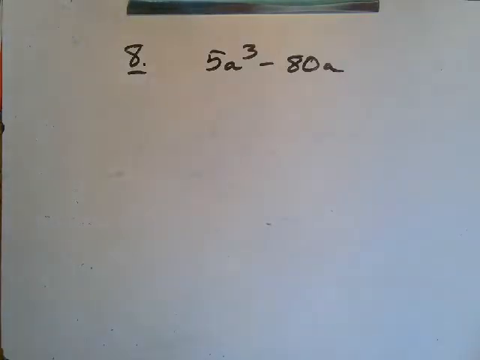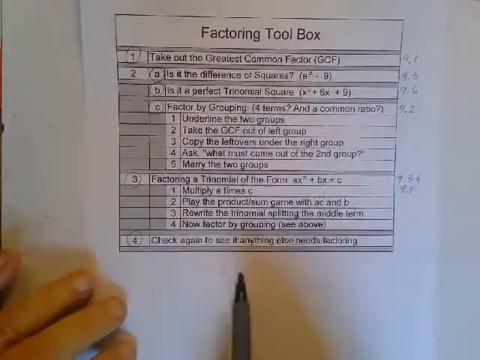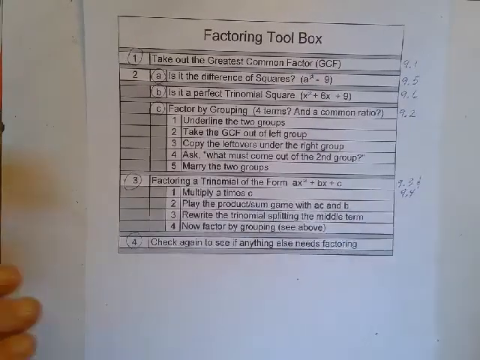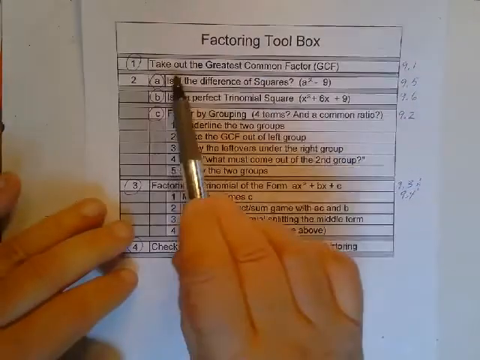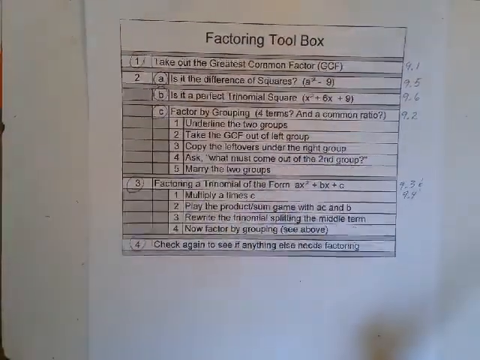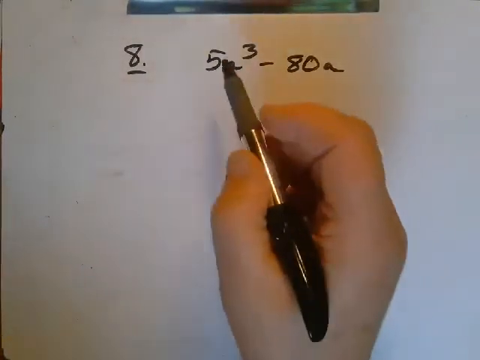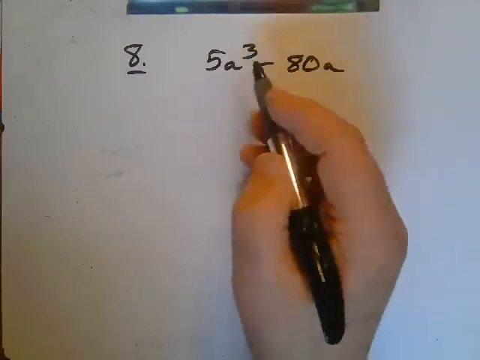All right, now if you recall, the last step on our factoring toolbox is check again to see if anything needs factoring. And the first step is take out the greatest common factor if you can, right at the beginning. As we look at this, we realize that we can take out a 5 and an a out of both of these.